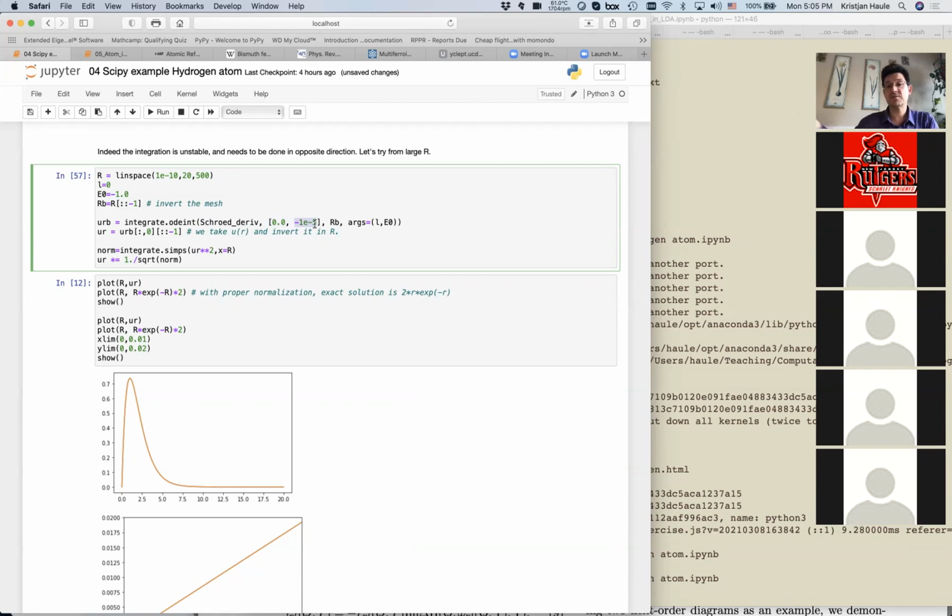It actually doesn't matter which number we take, because this number changes only the normalization of the function. So if this number is bigger, the function will be normalized with a larger constant. If this number is smaller, the function will appear with a much smaller normalization. So since we are going to renormalize the function at the end of the day, it doesn't matter what we take for the initial condition.